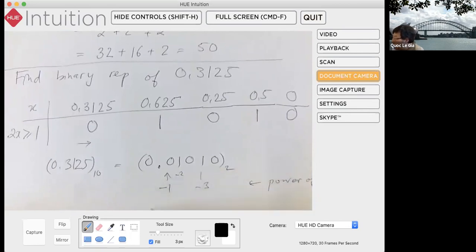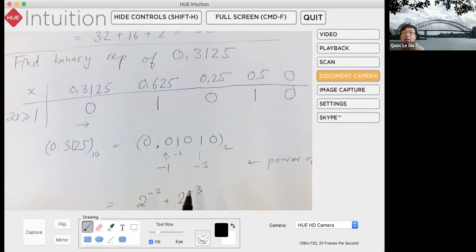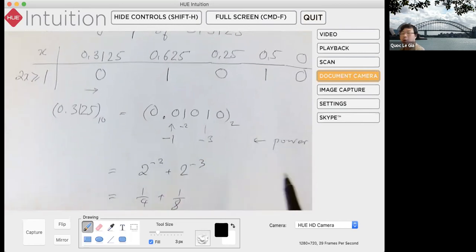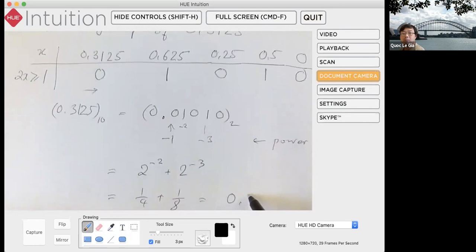So this one will be 2 to the power -2 plus 2 to the power -4. Okay, so it's just 1/4 plus 1/16. Yeah, you see that this one is 0.3125.